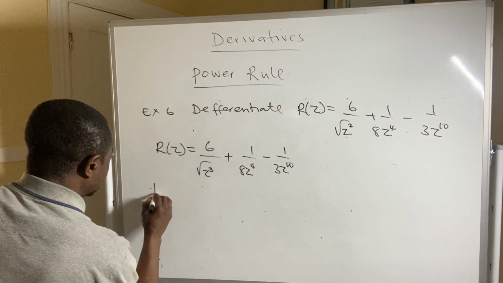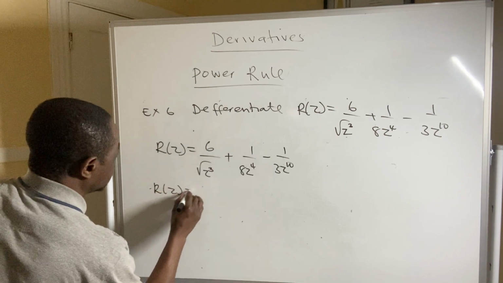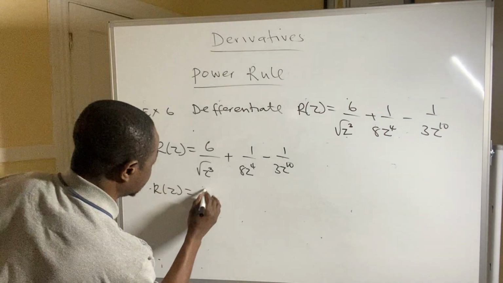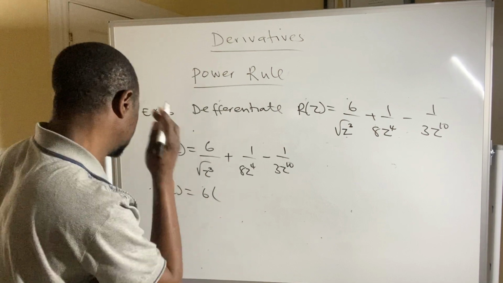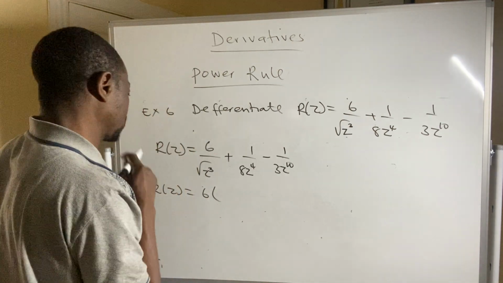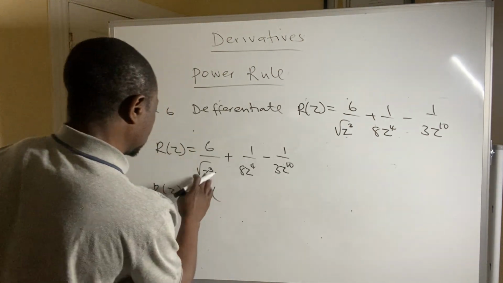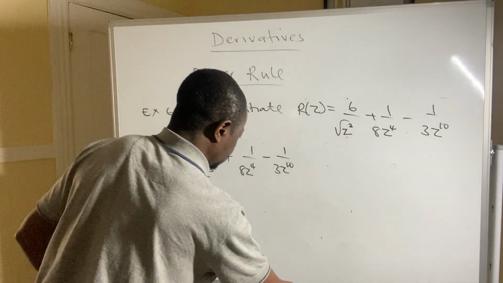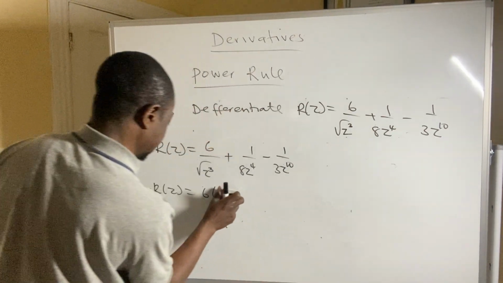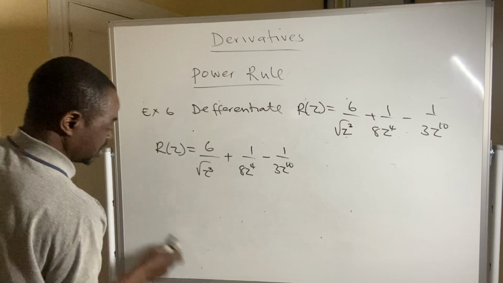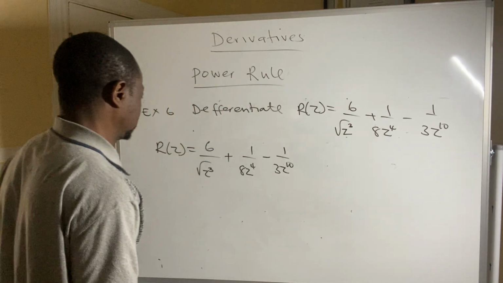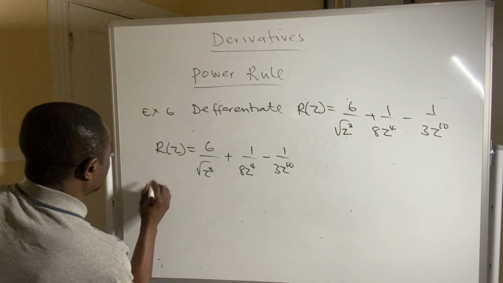So r of z is equal to, this is 6 into bracket. Okay, sorry. Let me do it this way. Let me change the root sign first to a power before we bring it up.